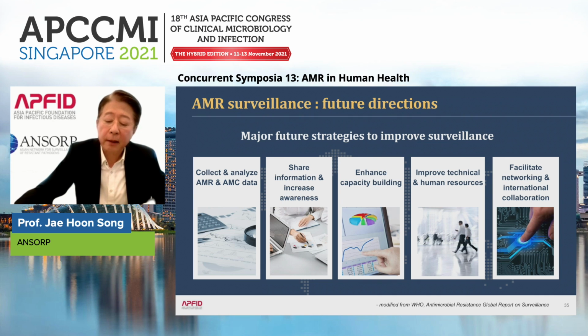We have to improve the technical and human resources. This is also a very critical problem in many countries. Finally, we have to facilitate the networking and international collaboration. International collaboration can be facilitated by WHO and other international organizations, regional networks, as well as international networks by countries.